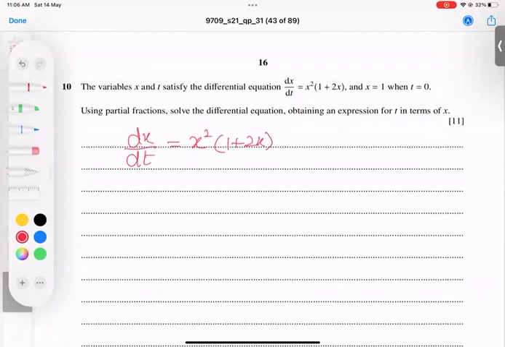So first of all, step number one, separation of variables. Cross multiply. Because my target is T as the subject, T will come on the left hand side. Must. So bring these values under it.